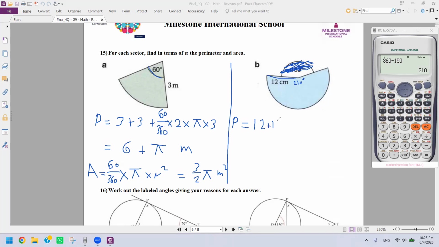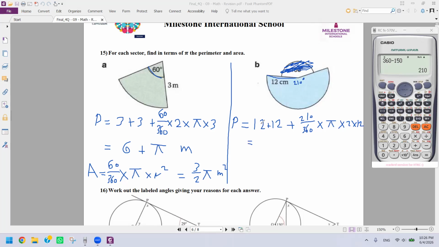12 plus 12 plus. Now the rest, do it on the calculator. What's the angle here? 210 over 360 times pi times. Now let's use 2 pi r. So times pi times 2 times r, which is 12.